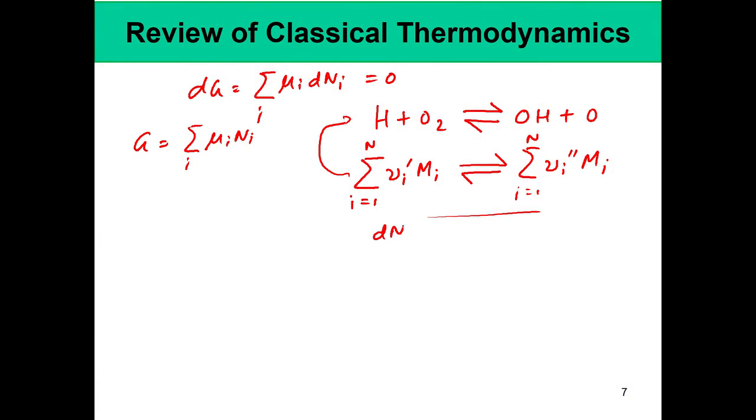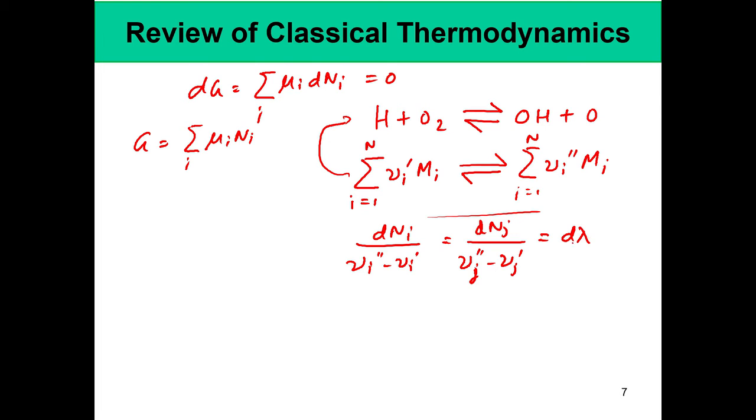So, now this is our generalized reaction notation which we will use throughout. By element conservation we can write dni divided by nu i double dash minus nu i dashed is equal to dnj divided by nu j double dash minus nu j dashed, and that we can represent by a progress variable lambda, which is the reaction progress.